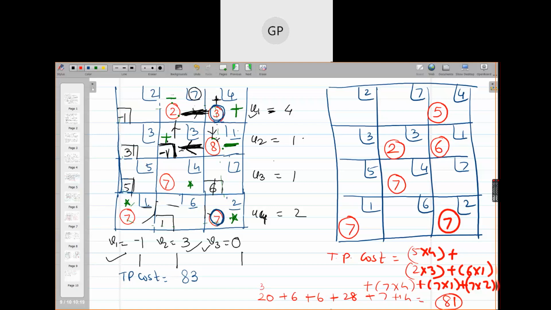Have you understood it, girls? Yes, ma'am. Now we will check whether this new solution, where the TP cost is 81 rupees, is optimal or not.